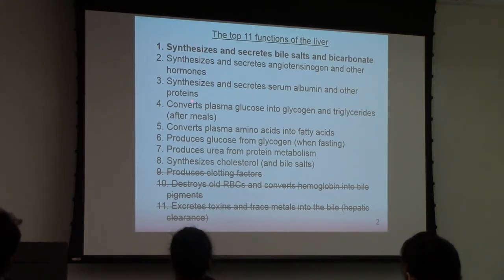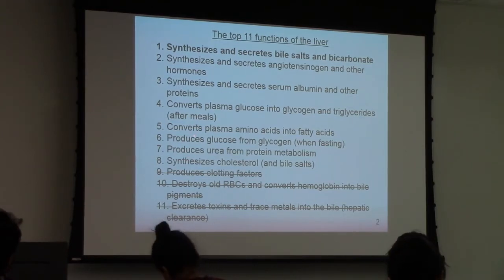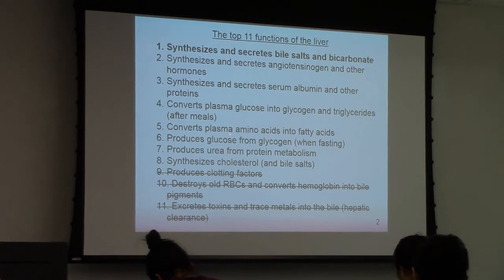But let's not neglect that there are many other important functions of the liver, including storage of carbohydrate as glycogen, storage of fat as triglycerides, and then conversion of those storage molecules into amino acids and glucose when the body needs fuel.